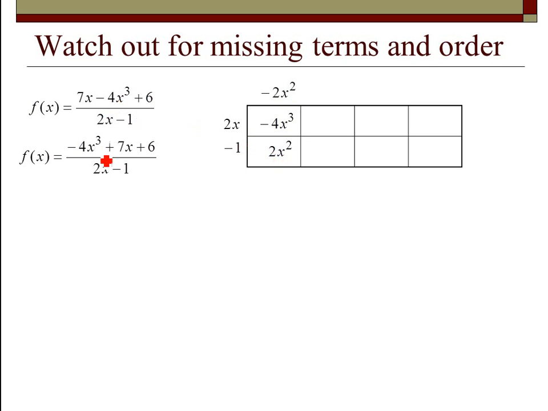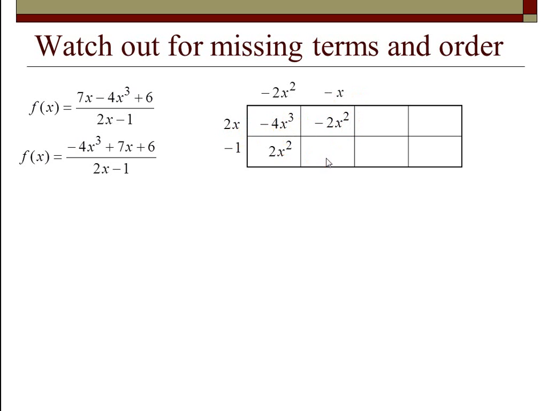So again, no x squared terms. 2x squared plus something has to add up to no x squareds. So that makes this part negative 2x squared. Now I can do 2x times something gives me negative 2x squared. That's going to be just negative x. So be careful again. You can always take this number divided by that if you're trying to figure out what it is. So I get negative x.